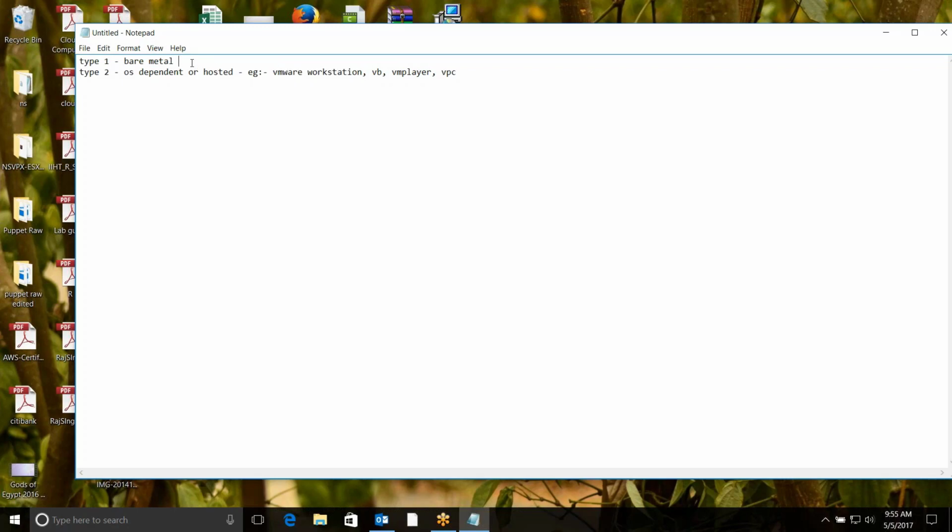Now, talking about type 1 hypervisors, or bare metal hypervisors, let's take a few examples. From VMware, we have VMware ESX, and before ESX we had something called GSX.